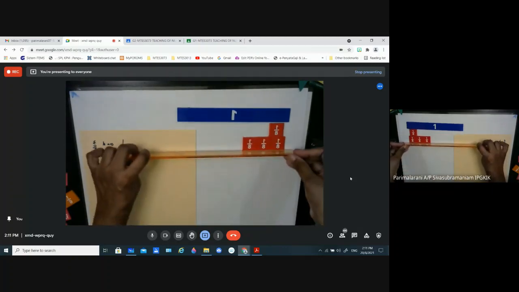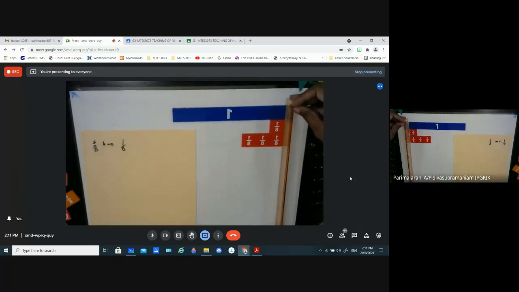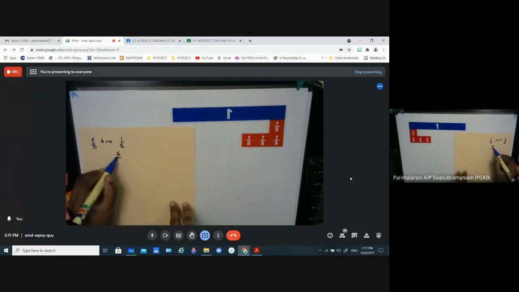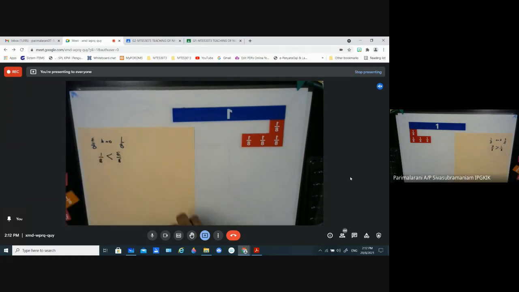You can see here that the denominator is the number at the bottom, and the denominator is the same. So we can see clearly that 3/8 is greater than 1/8.